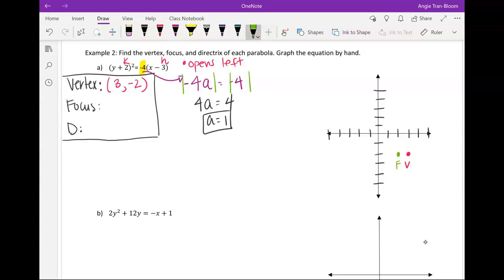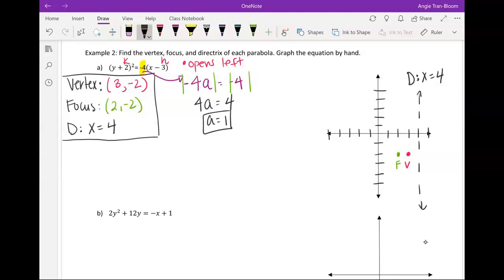I can find that location right away. That's (2, -2). The directrix is 1 unit, aka a unit. So here's the directrix: x equals 4.